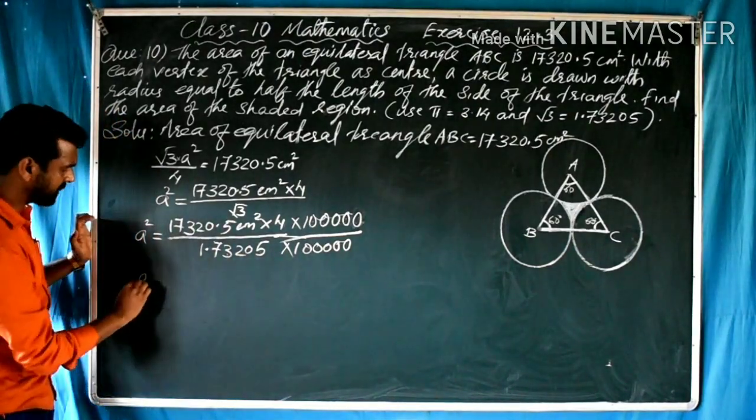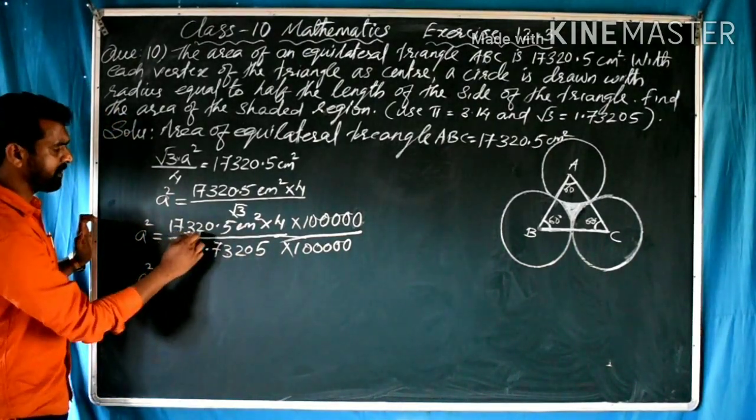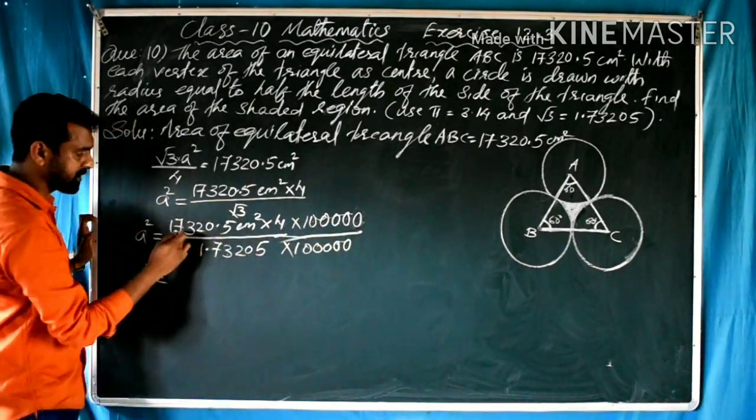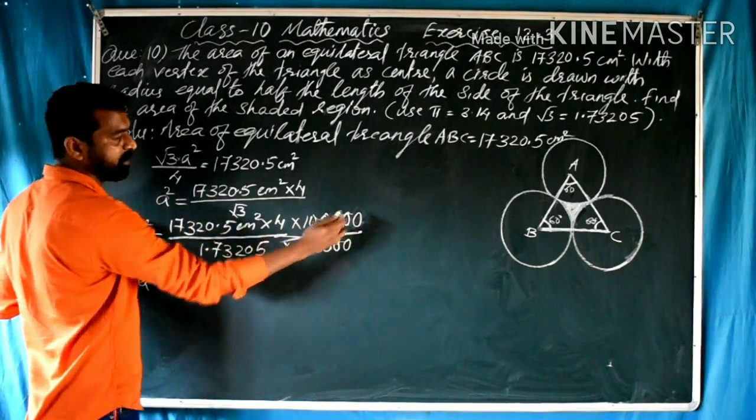So now a square is equal to 17,320.5 into 1 lakh.